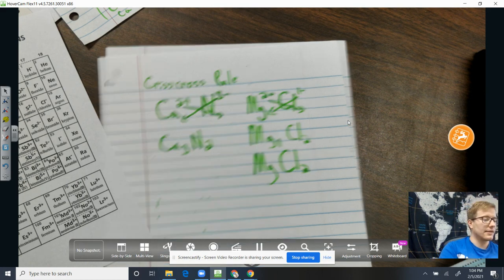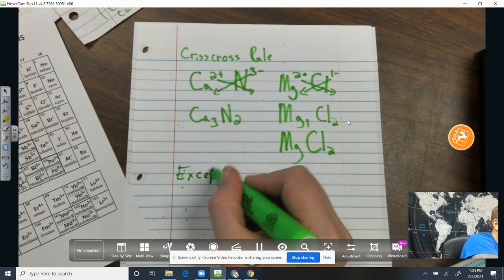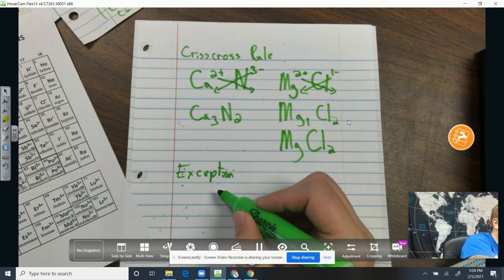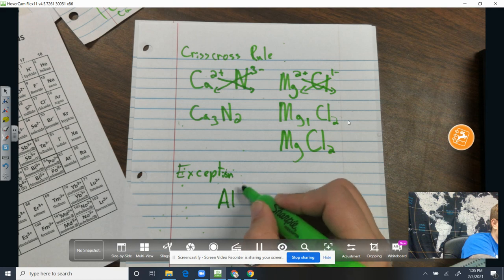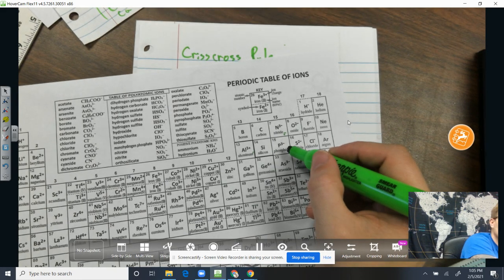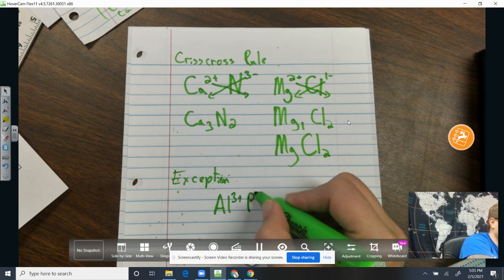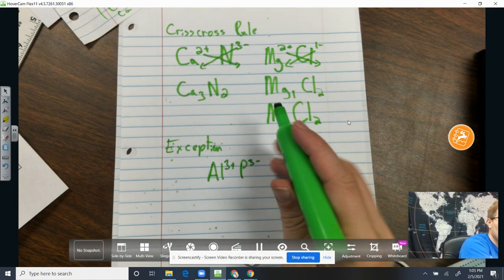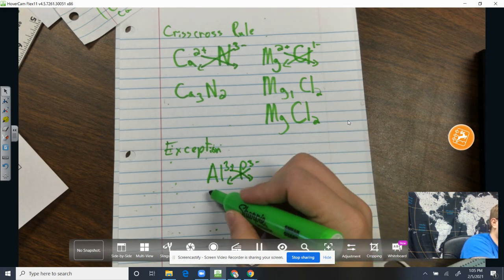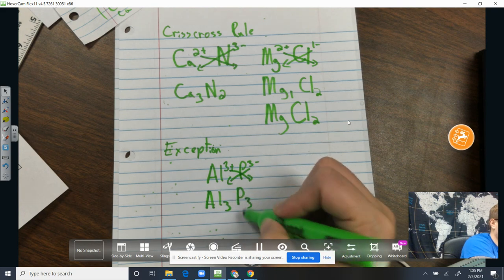Okay, now let's talk about a kind of exception. Exceptions. If you have atoms with the same charge, so let's do aluminum with 3 plus, and we're bonding it with phosphide with 3 minus. Al3 plus, P3 minus. When we do our crisscross rule, we're going to be left with Al3, P3.